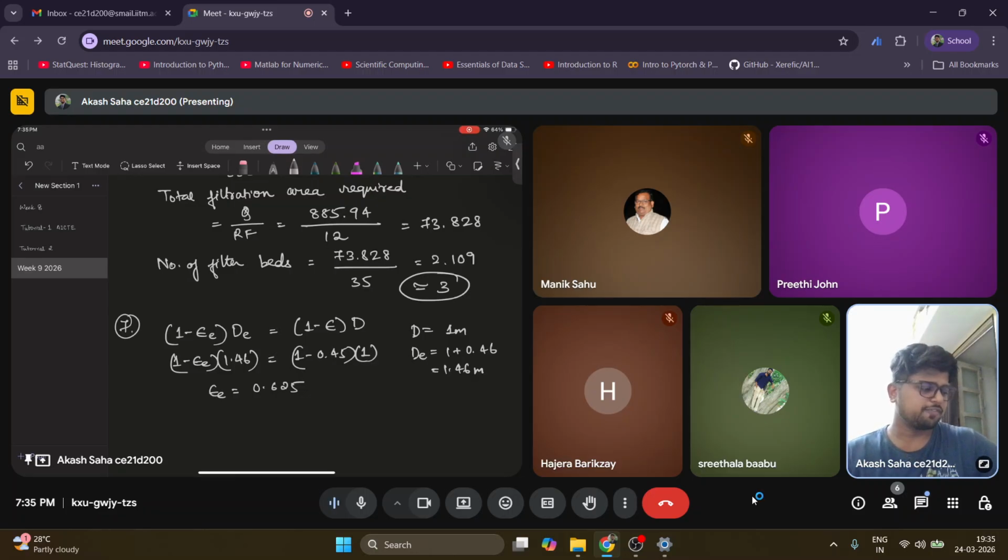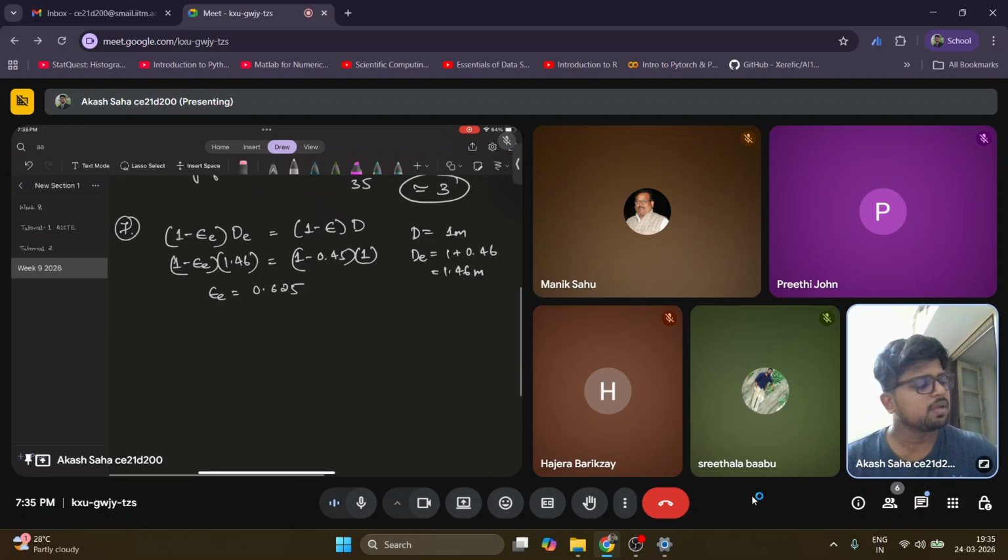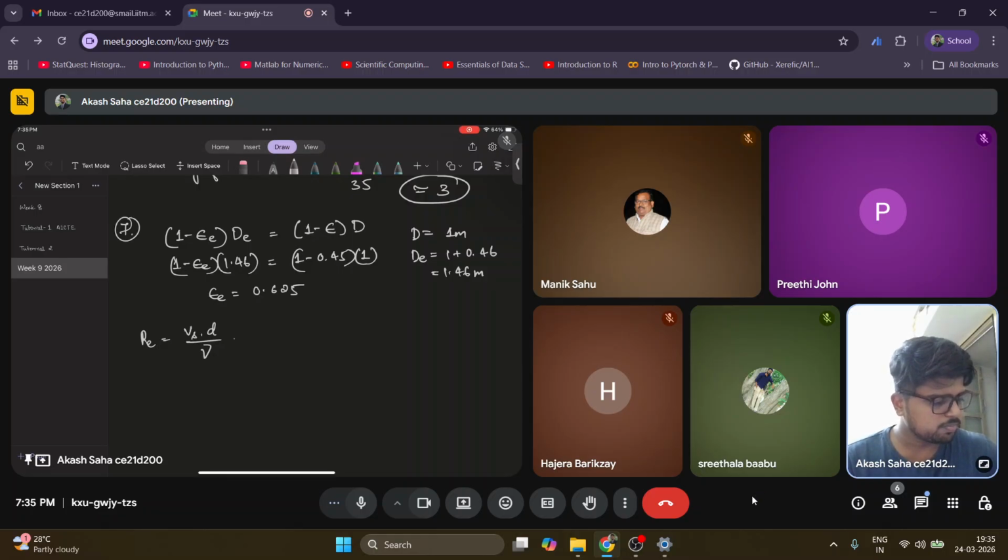If I want to apply the Richardson-Zaki equation to get the backwash velocity, then I also need the Reynolds number. The Reynolds number is settling velocity into d by mu.